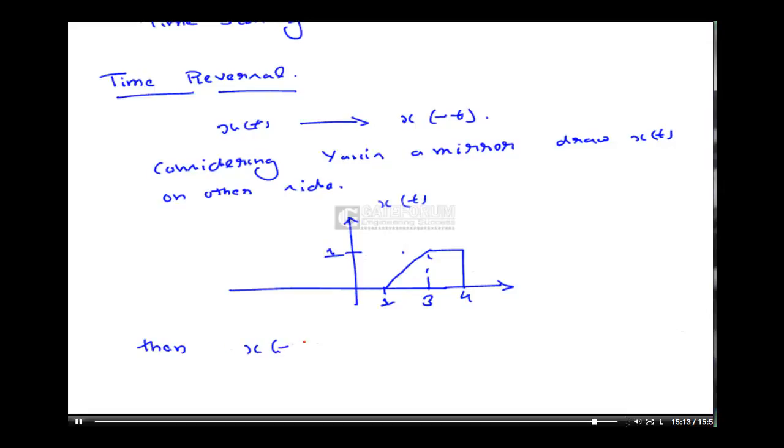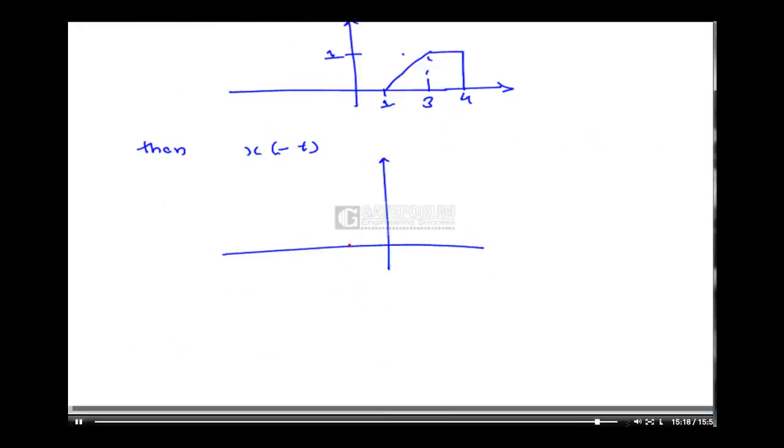Then x of minus t will be at minus 1, minus 3, minus 4, and the amplitude again will be 1 only. Understood? So this way the time shifting, time scaling and time reversal operations are done on a signal. We will solve a few problems which will give us a better understanding of this.